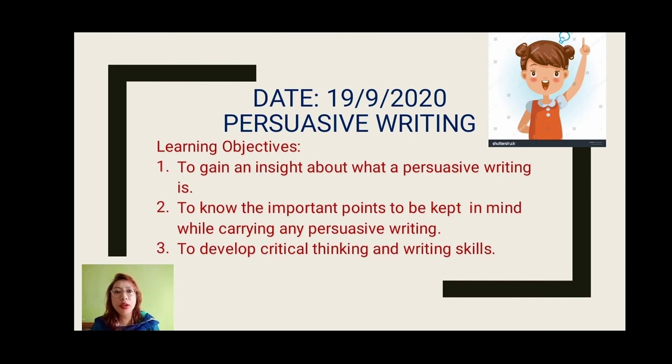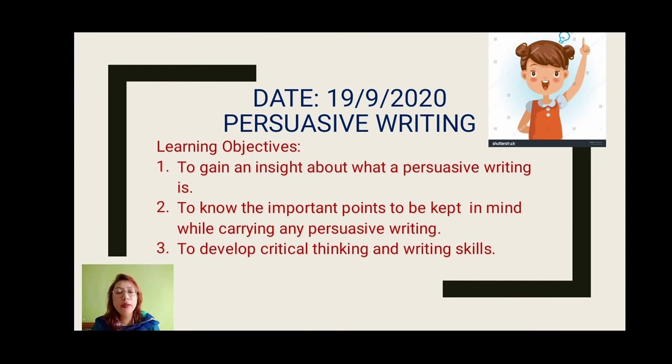What are our learning objectives? It is to gain an insight about what persuasive writing is. That means to understand what persuasive writing is, we'll recall back. Number two, to know the important points to be kept in mind while undertaking any persuasive writing.